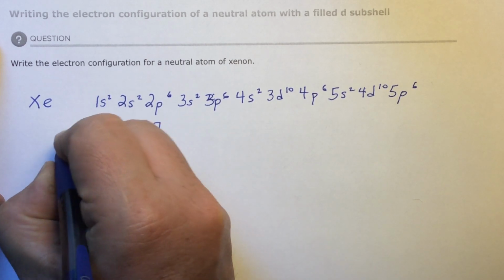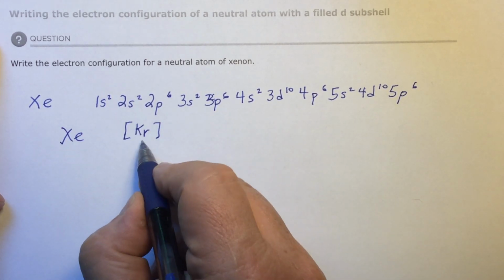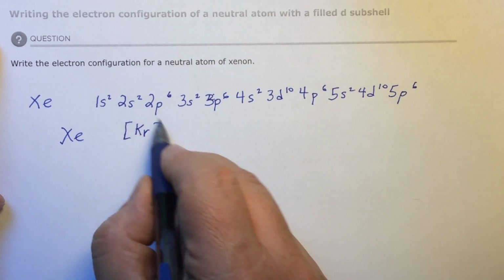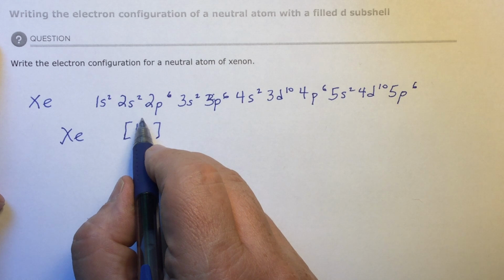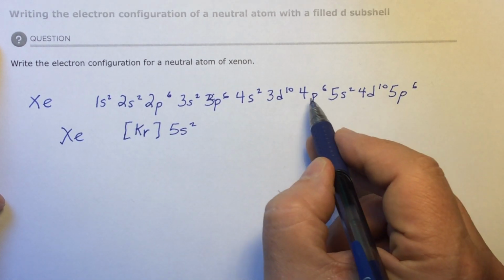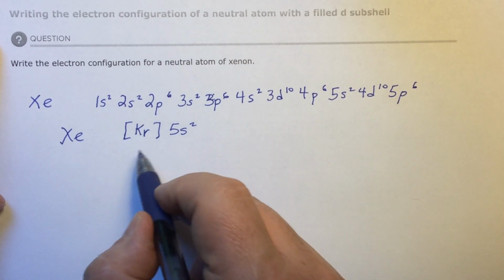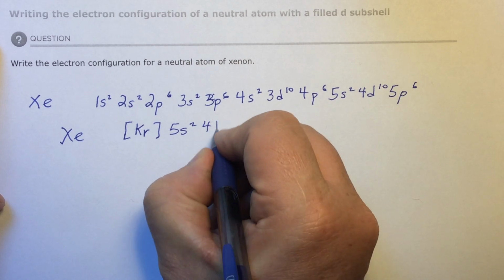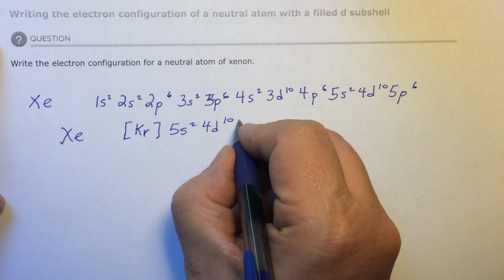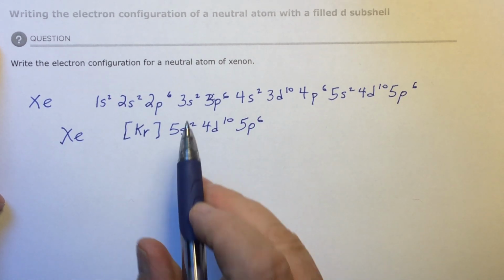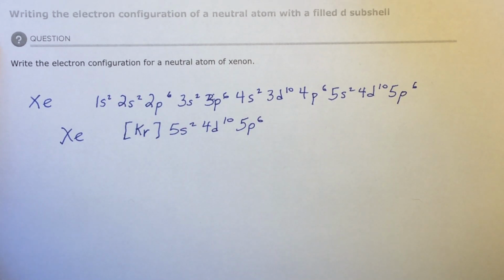So I could also say xenon is whatever the electron configuration of krypton is, and then continuing into 5s2. So 4p6 is krypton. Instead of writing all this, you would say krypton, 5s2, 4d10, 5p6. So this is the shortcut version. This is the long version.